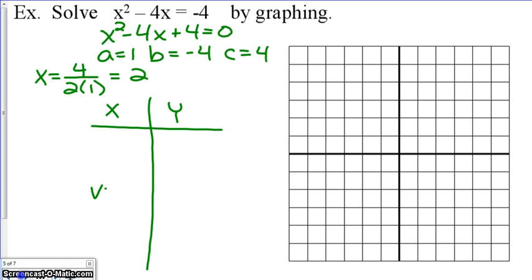So our vertex is at 2. Three values less than, 3 values greater than, and we substitute those back in.